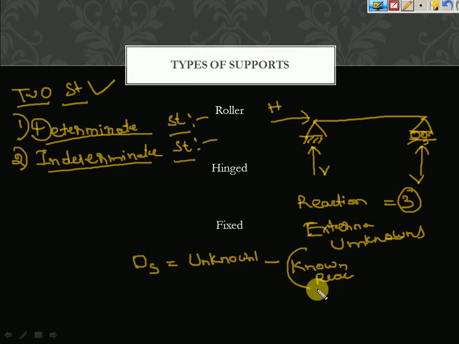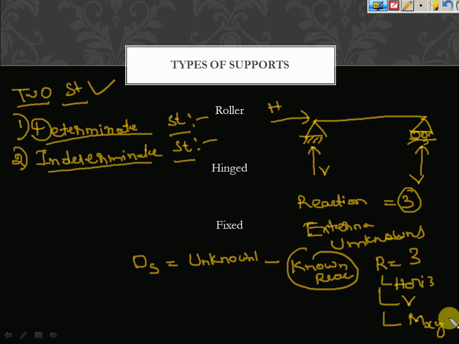So what is the number of known reactions? The number of known reactions is 3. So what are the 3? One is horizontal reaction, one is vertical reaction, and the other one is moment, at x and y, something like that. So the number of known reactions is 3 and the unknown reactions is 3. It will be 0.